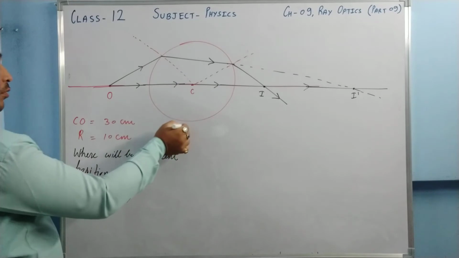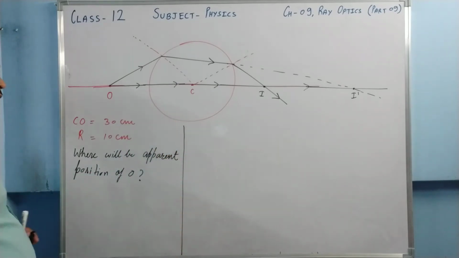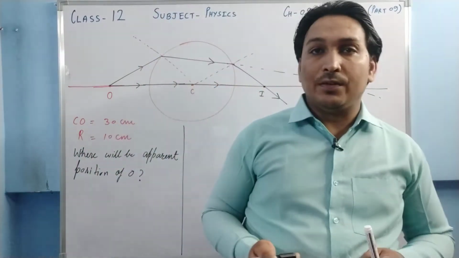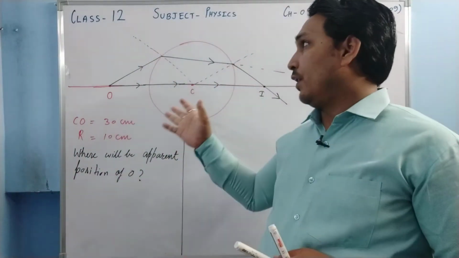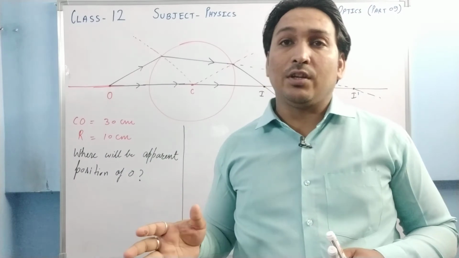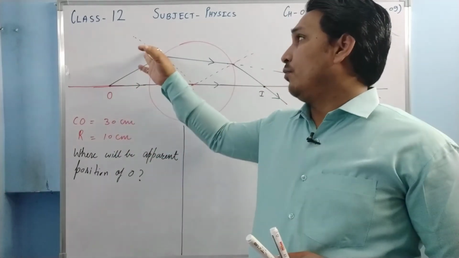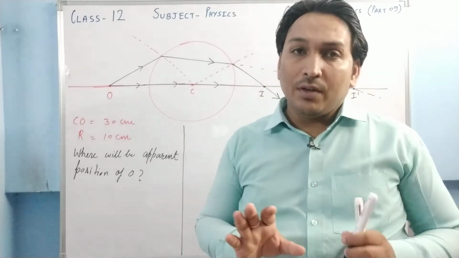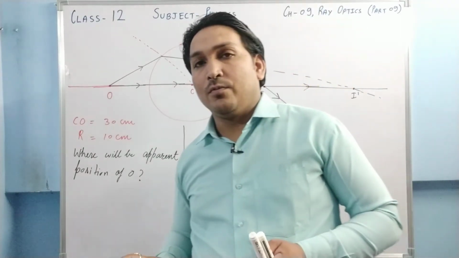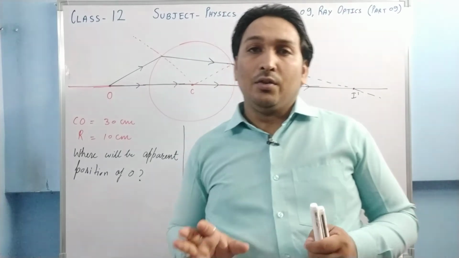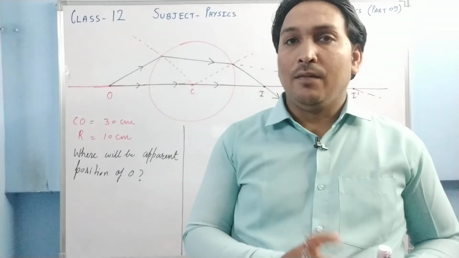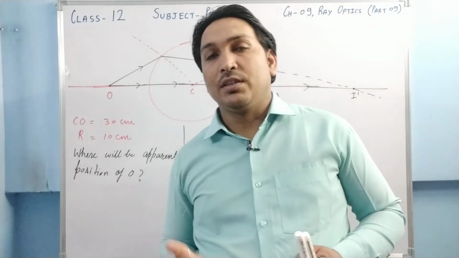Now we have to remember one thing. Whenever refraction or reflection involves more than one surface, like here refraction is taking place two times, one from this surface, another from this surface, you need to understand that the image formed by the first surface will act as an object for the second surface.